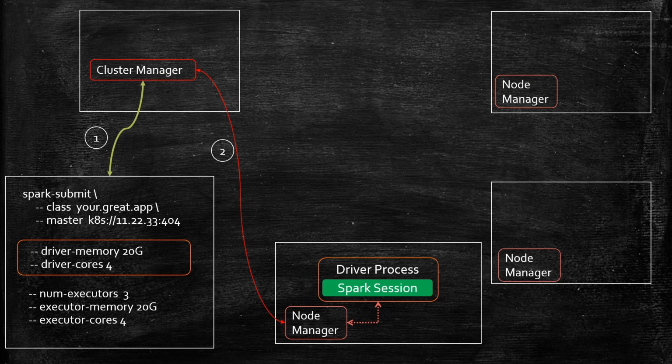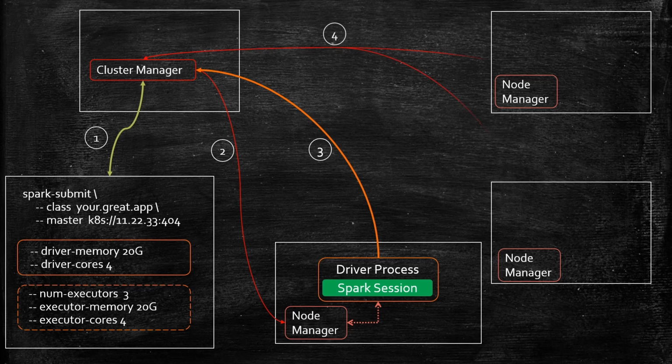Now the Spark driver process will then request the cluster manager for additional resources to run the Spark executors. And we can see that it will do that using the same parameter that we used during application submission. So a total of 3 executors, and each executor should have 20 GB of memory and 4 CPU cores.